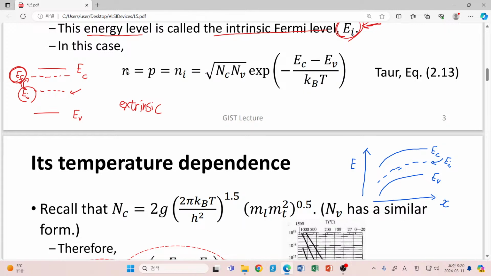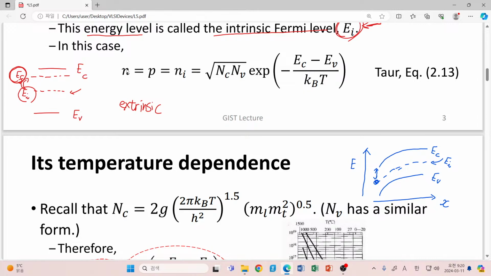Of course, once you know the intrinsic Fermi level, you can easily reconstruct the conduction band energy level and valence band energy level. Why? Because once you have it, the energy difference between this and that is quite close to just a half band gap.